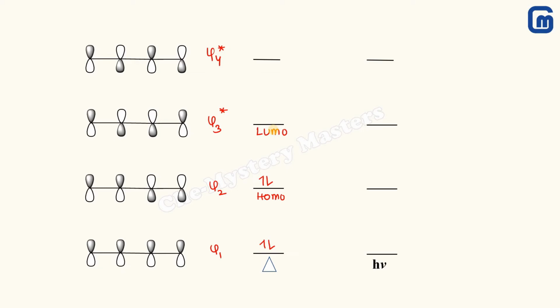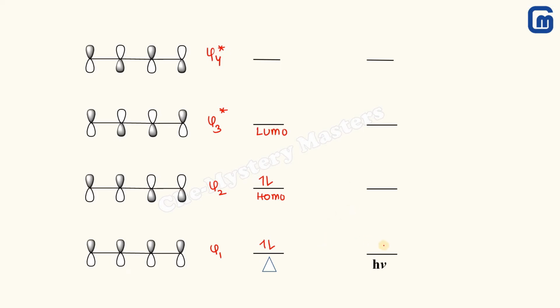Now when we talk about the hν condition or light condition, we know that the electron gets excited due to the irradiation of light and jumps to the next higher energy level, and the electrons which are jumping are generally those from the molecular orbital which is higher in energy.